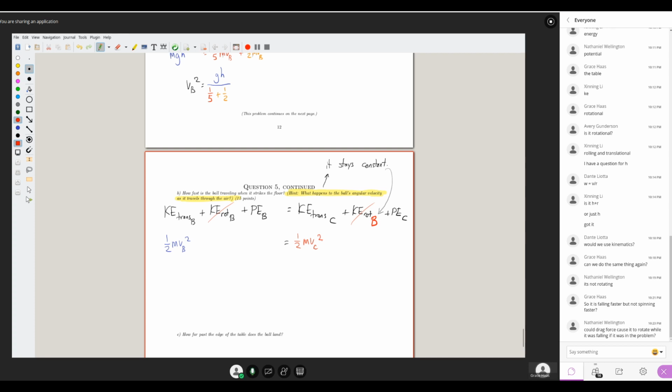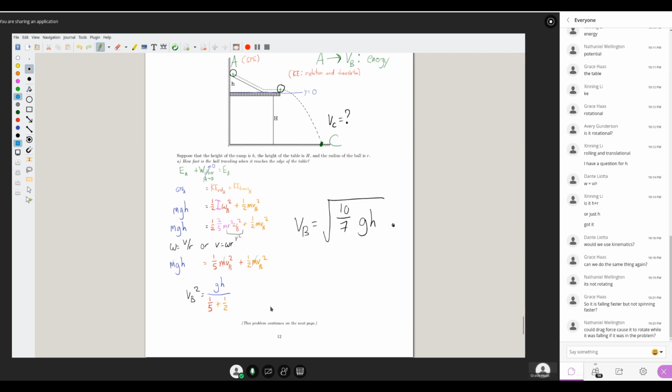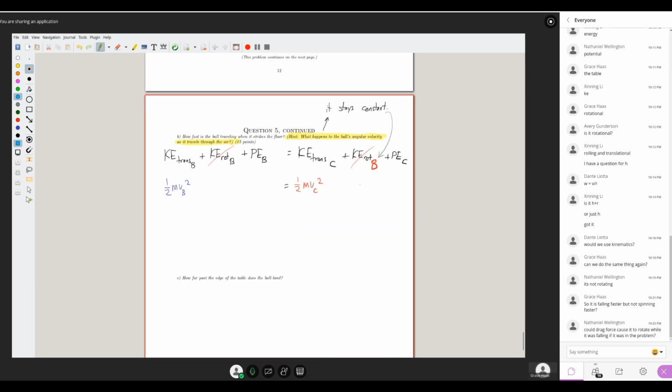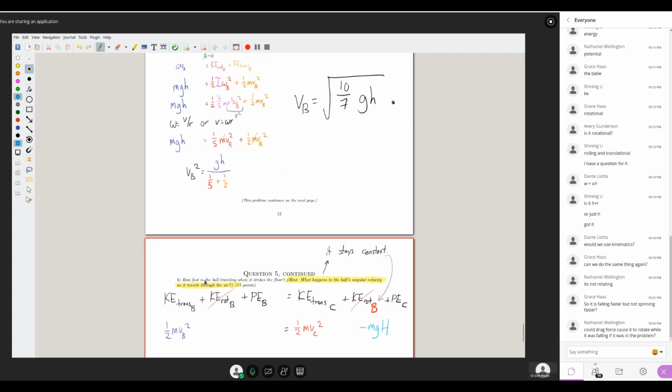And the potential energy at C, so notice that we are going down here, is minus mg big H. Now, it turns out we know VB squared, right? VB squared is 10/7 gh. We just figured that out.